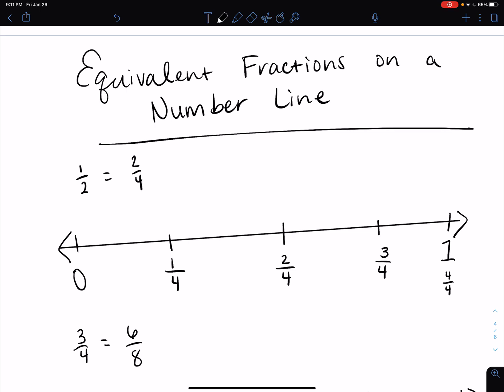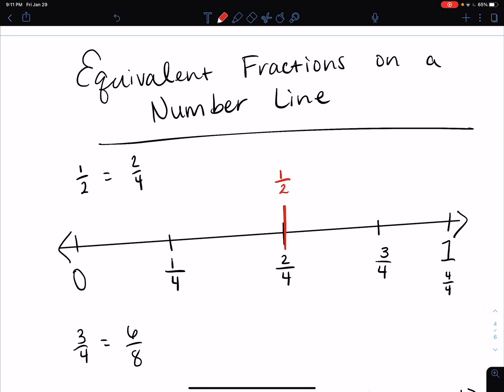I'm going to do this in a different color so you can kind of see. So if I was going to take this number line now, and I'm just going to pretend that it's blank, and I'm going to try to divide it in half. So I would draw that line right here in half, and I could label it 1/2.